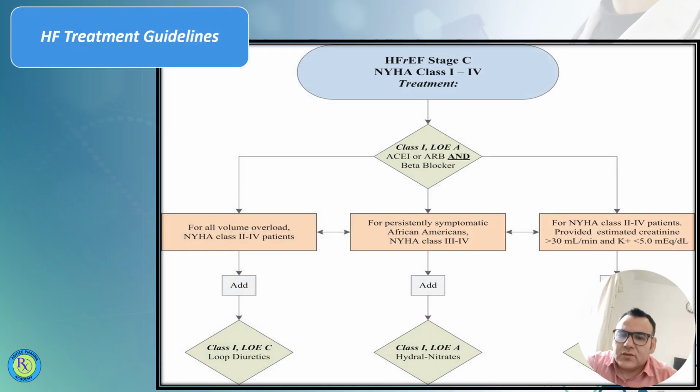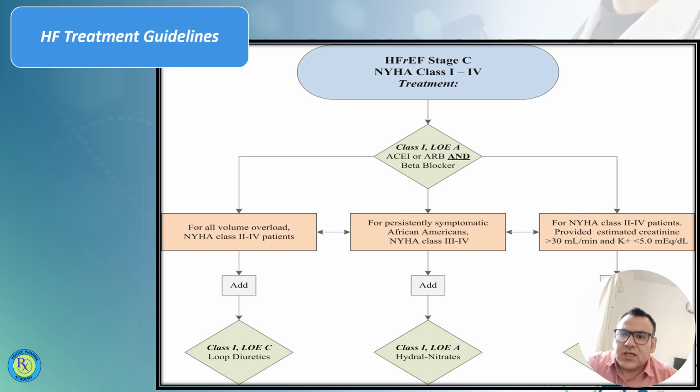So till now, what are the heart failure treatment guidelines? If we have a patient with HFrEF, or heart failure with reduced ejection fraction, stage C, as we mentioned in the functional state, who has current or prior symptoms of heart failure with structural heart disease, NYHA class 1 to 4, the first line, class 1 level of evidence A, is to use ACE or ARB and beta blocker.